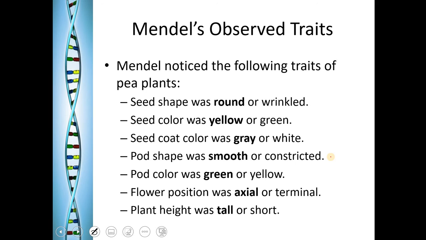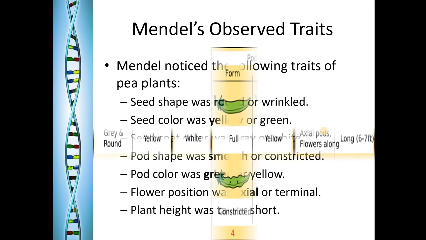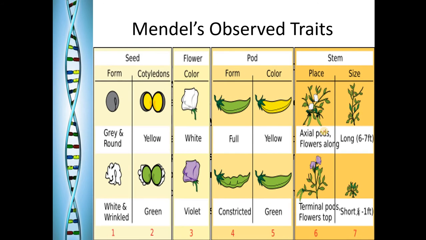And when Mendel looked at his pea plants, he studied them very intensely, and he realized that they had lots of different characteristics: seed shape, seed color, seed coat color, pod shape, pod color, flower position, and plant height. And here's what each of those things looked at, what Mendel observed. For seeds, he saw that there were 2 different seed colors, yellow or green. He saw that the seed coat could be either gray or white. The flower could either be white or purple.